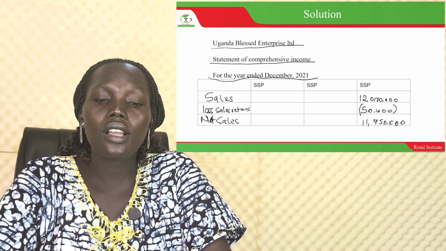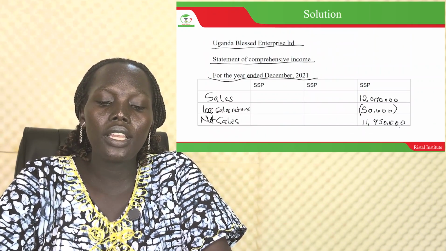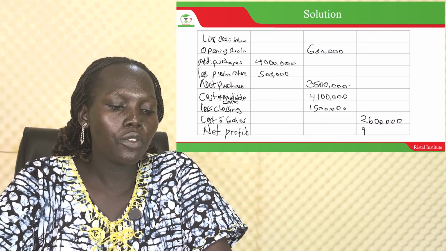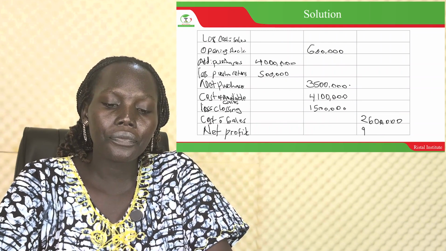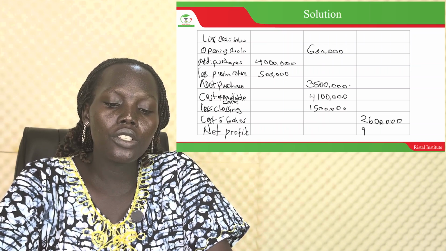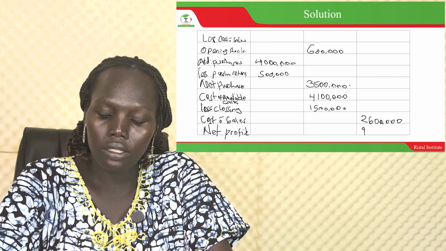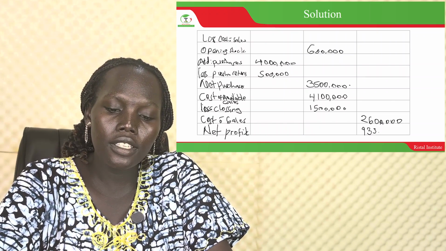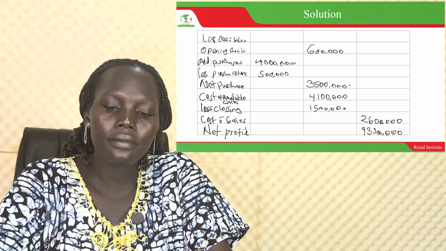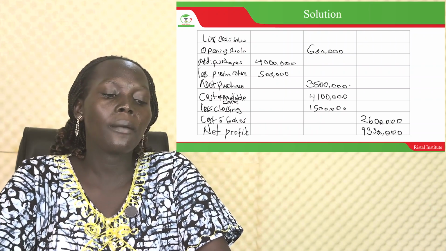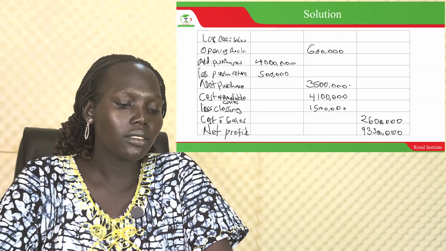Remember, we've gotten sales as 11,950,000 minus the cost of goods sold, which is 2,600,000. So we shall get 9,350,000. So that is what we shall get as our net.